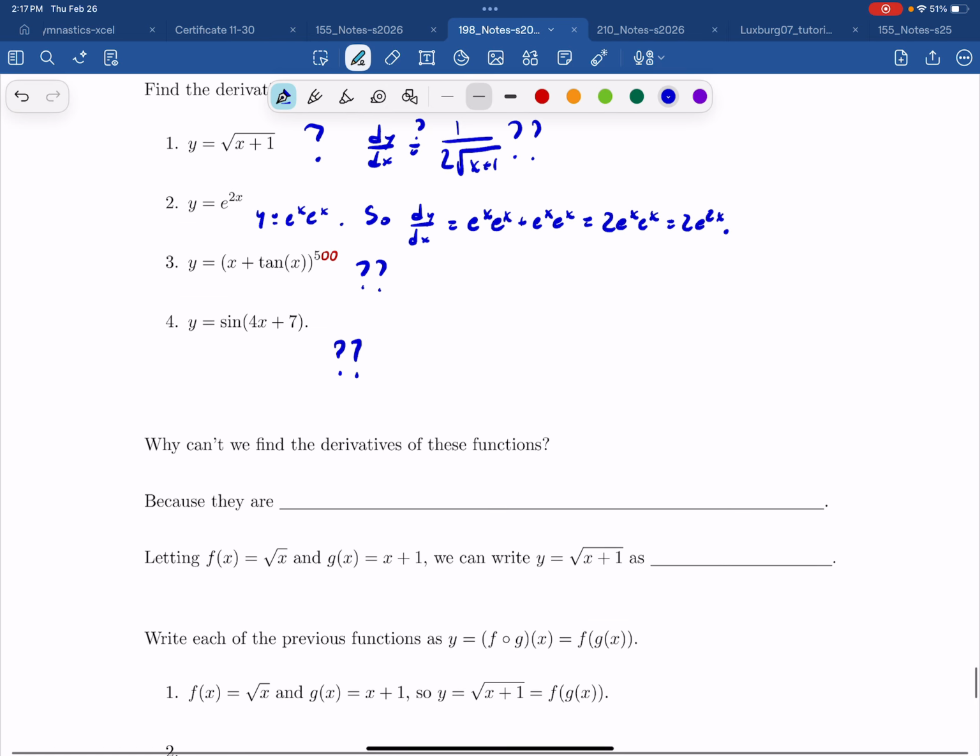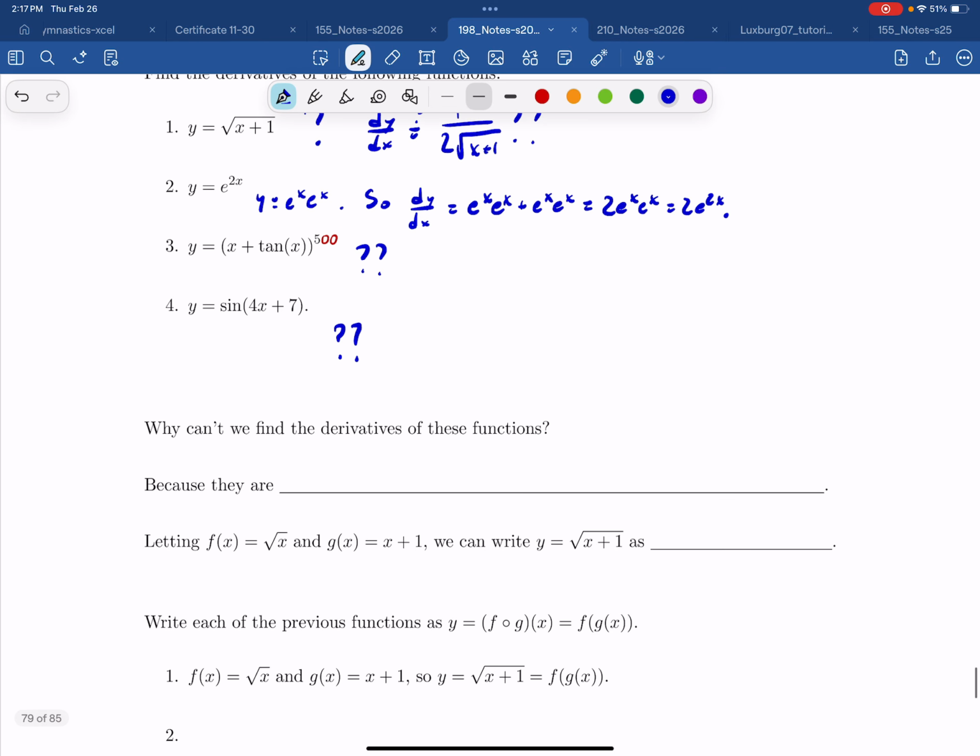Now, the question is, why are these relatively straightforward functions not something we know how to differentiate? And the answer is because they are compositions of functions, right? What I mean by that is we're taking one function and we're sticking it inside the other function.